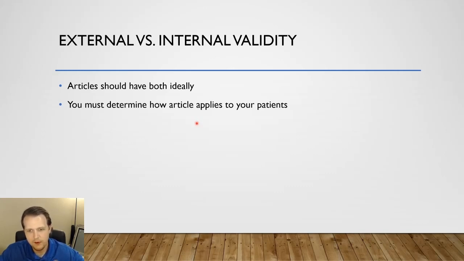Let's say they went through the demographics and they had almost no Hispanic patients. Well, here in Orlando, you're going to have a lot of Hispanic patients, so maybe there's some degree of discrepancy there that may make the information from the article not very applicable to your patients. That would have low external validity. So again, this is why it's really tough in pediatrics, because a lot of articles you find are going to be mainly focused on adults.